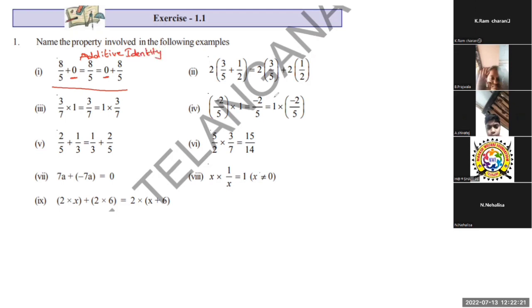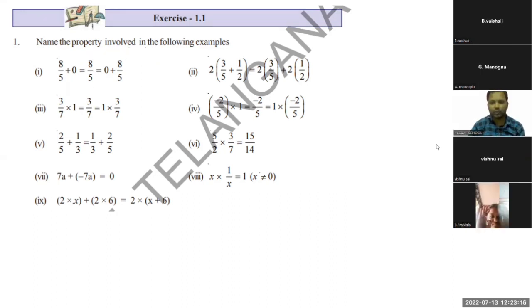So next, look at the second one. Now I'll give the chance to any other. Manogna, unmute yourself and say the second one. Sir, distributive identity. Very good.